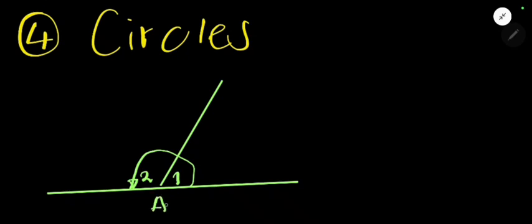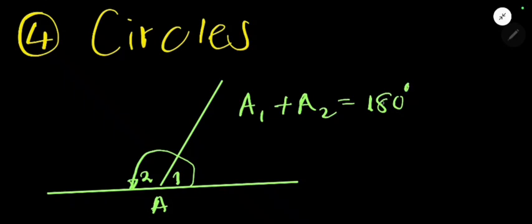Let's say that this point is A. Then you can simply conclude that angle A1 plus angle A2 equals 180 degrees. And what's your reason? Angles on a straight line. You can just reason it like this: angles on a straight line.